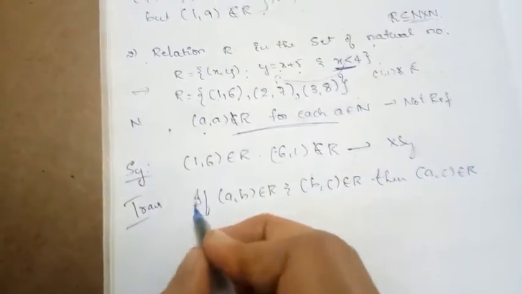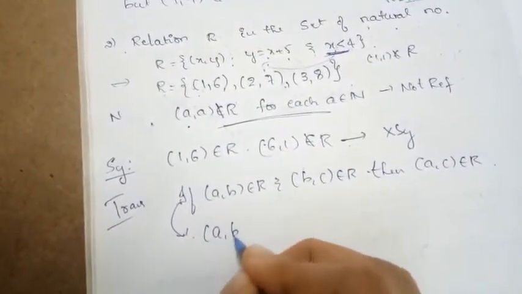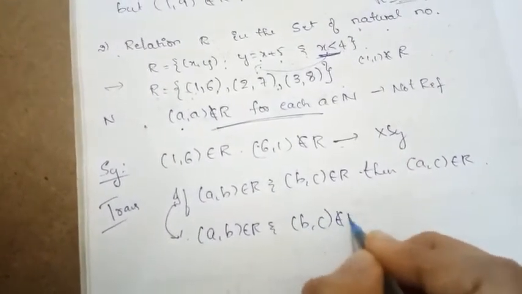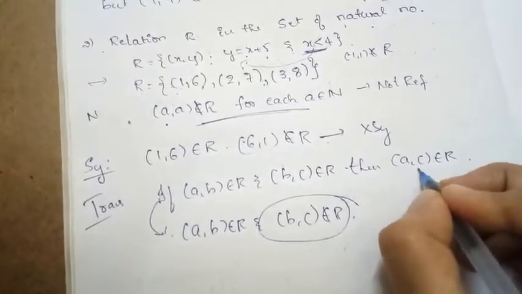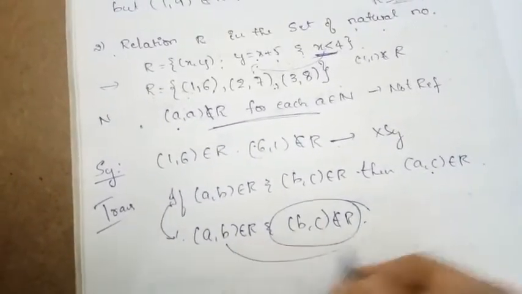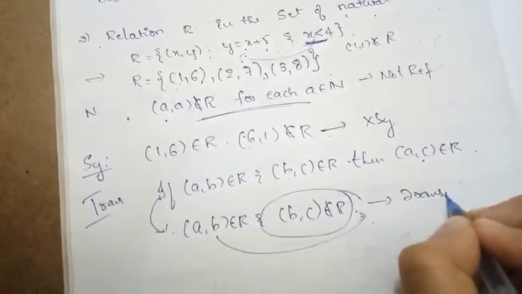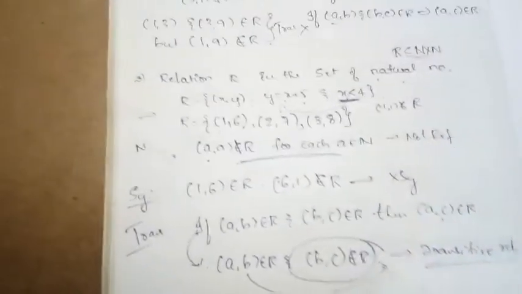For the special case of transitive relation which I already mentioned, if (a, b) belongs to R and (b, c) is not at all present in that relation, then there is no need of checking for (a, c). So we directly say that the relation is a transitive relation. I mentioned this in the previous video.